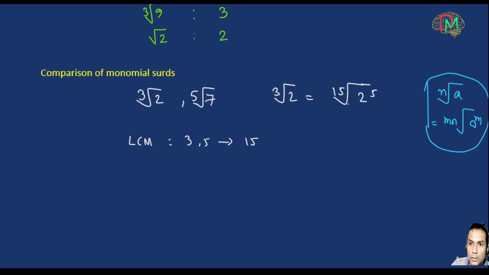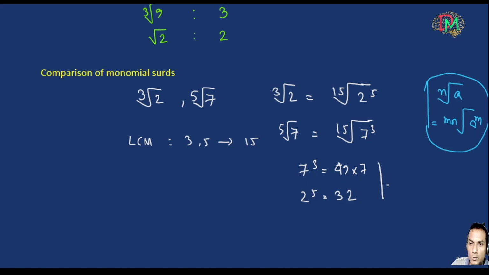So it will be 2 to the power 5, and next, the 5th root of 7 is equal to the 15th root of 7 cubed, since 5 times 3 is 15. Clear? Now 7 cubed is 49 times 7, and 2 to the power 5 is 32.